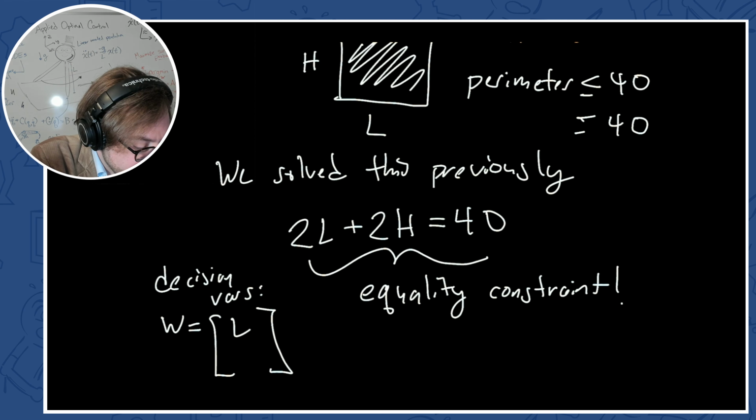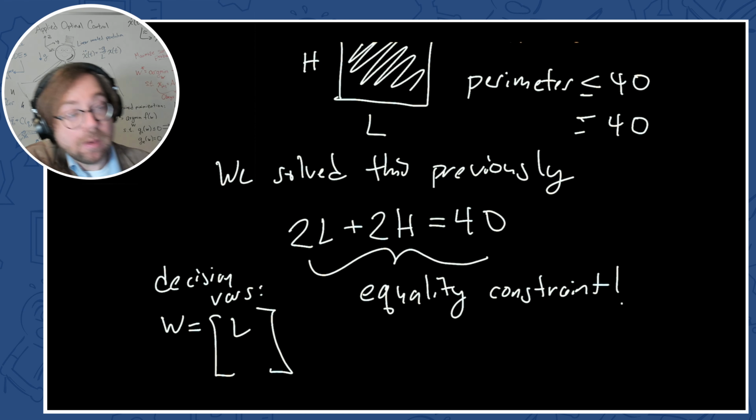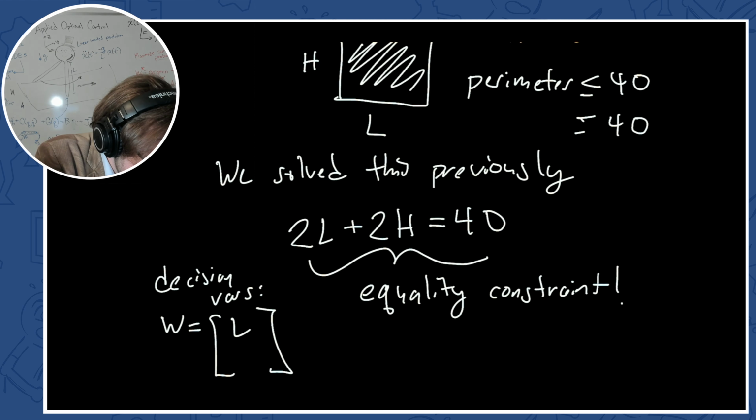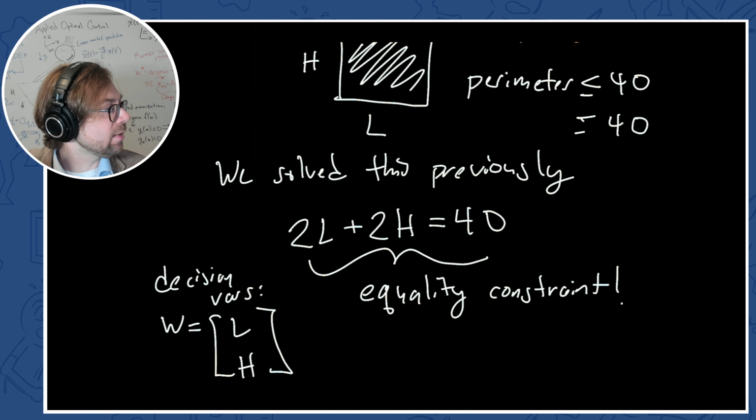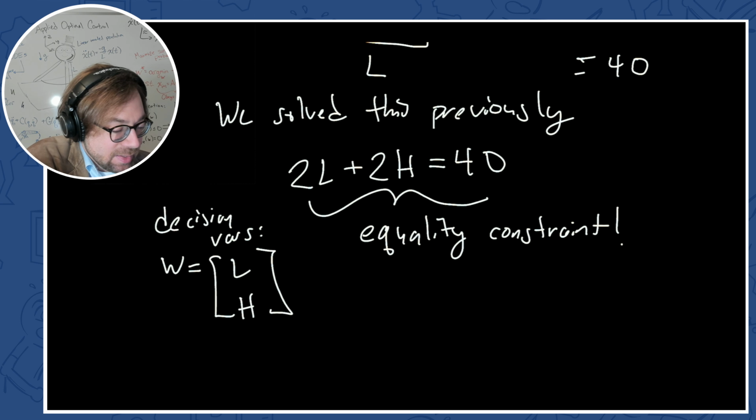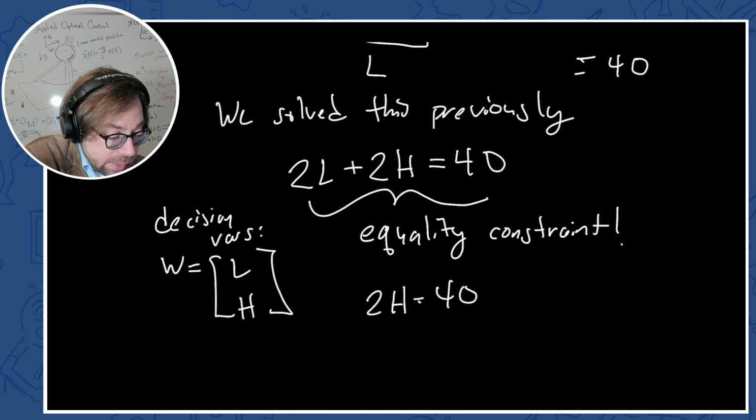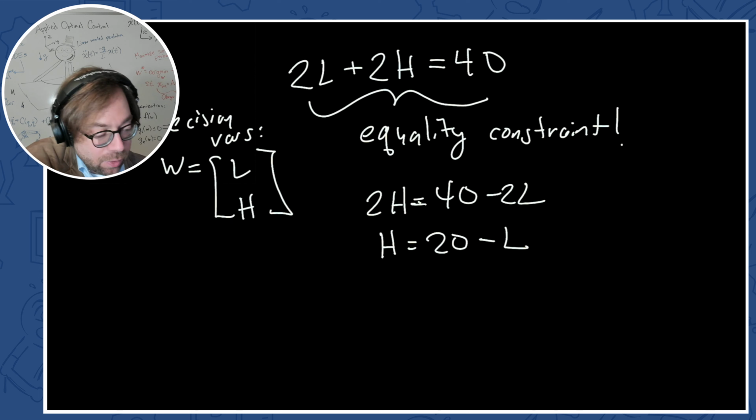Yeah. Thank you. I'm sorry. I got a little ahead of myself. Thank you. That is supposed to be length and height. Got it? Yeah, length and height. Old habits. Okay. So you could say, hey, well, then 2H is equal to 40 minus 2L, basic algebra. You're all very smart people to say that height is equal to 20 minus L.